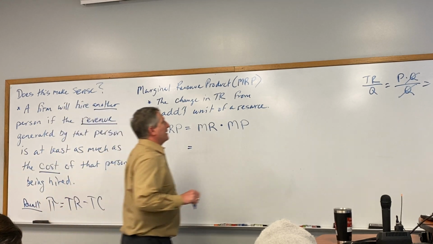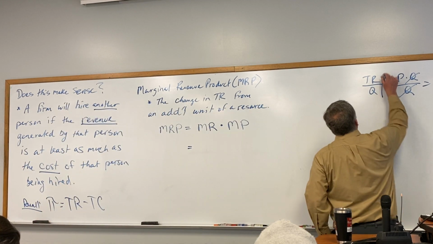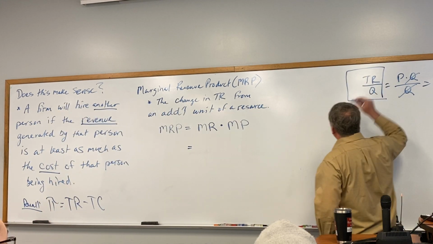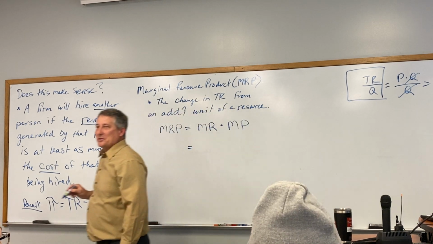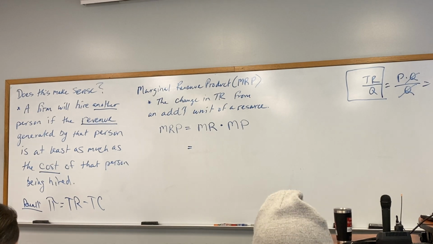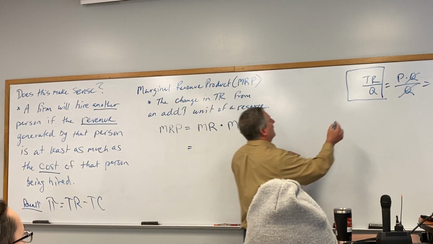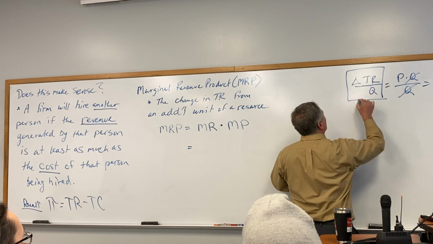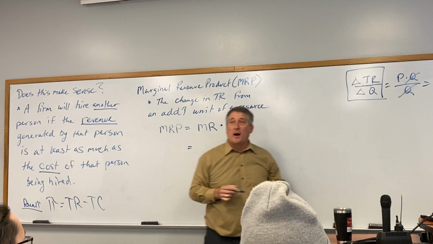I'll give you a hint, I don't want to discourage Tim too much. That's kind of close. It's missing a couple symbols. Did you find it? Find it in your notes. Yeah, Daniel? Is it change? Good, yes. Over change in quantity. So it's missing a couple triangles. Right? So the change in total revenue from a change in quantity.